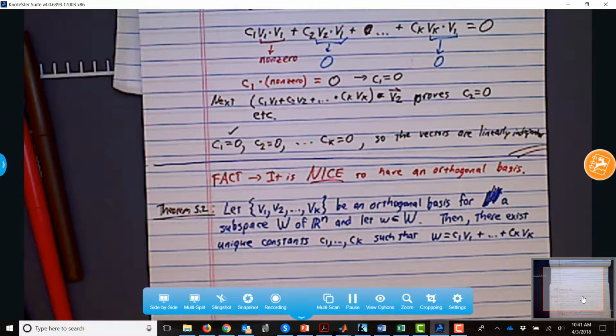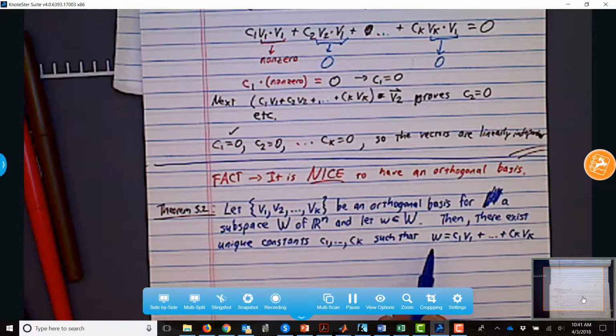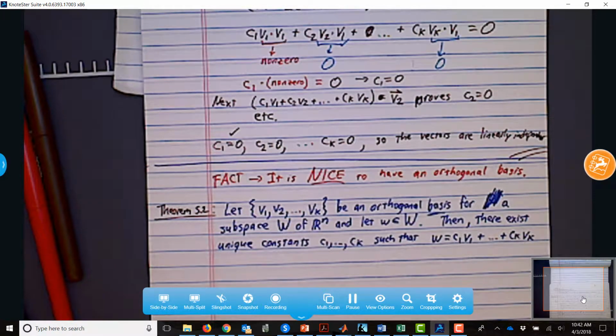What does that say, that equation I just wrote down? It says that w can be written as a linear combination of the vectors. Actually, I guess we get that for free just because it's a basis, right? But there's more.